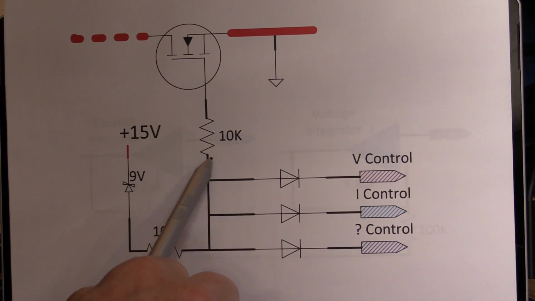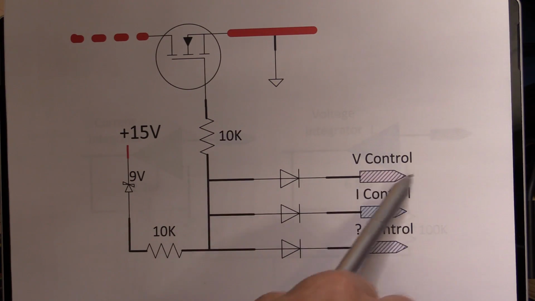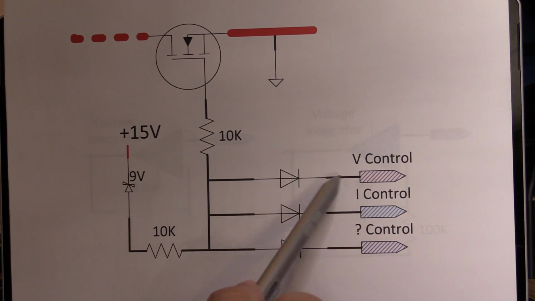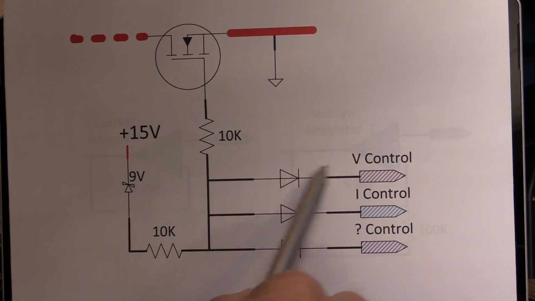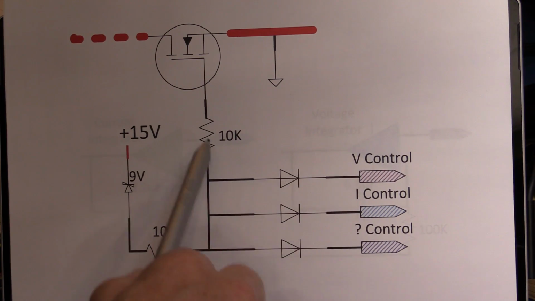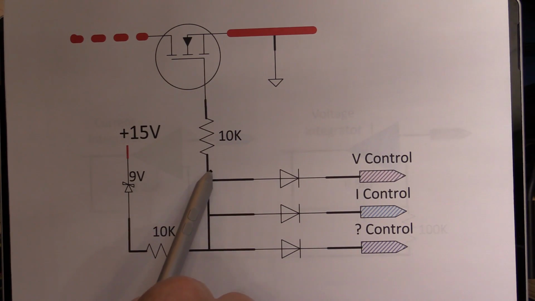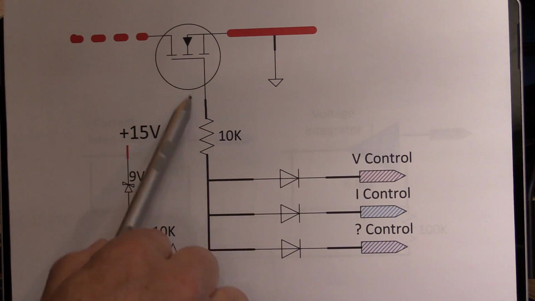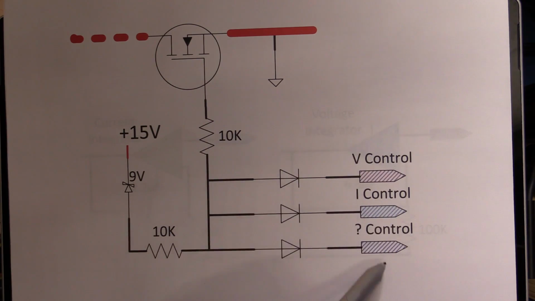So this point is 6 volts. As soon as your voltage control into here goes below the 6 volts, plus this, so let's say 5 volts for argument's sake, you're going to start conducting current and start pulling this down, which means it's going to start turning this off. None of the inputs here can turn it on. They can only actually turn it off.